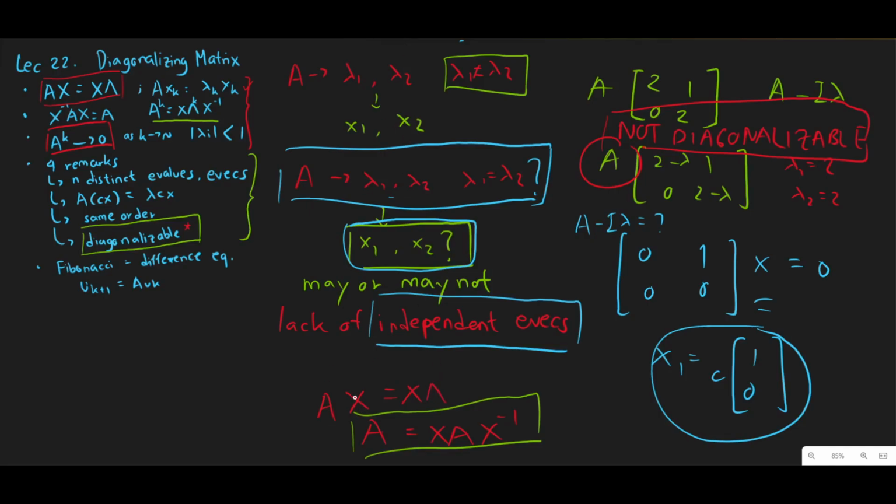Because you have those eigenvectors and you have those two identical eigenvalues, but this thing requires the inverse of the eigenvector matrix. So this won't happen. Therefore, so far we have been working with the assumption of independent eigenvectors and an invertible eigenvector matrix. So keep that in mind.